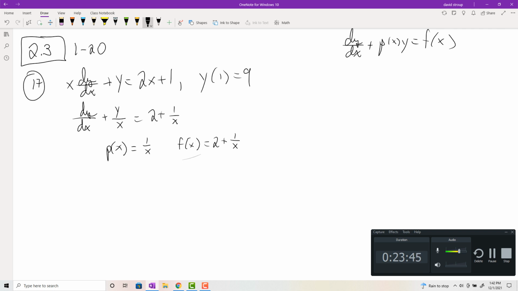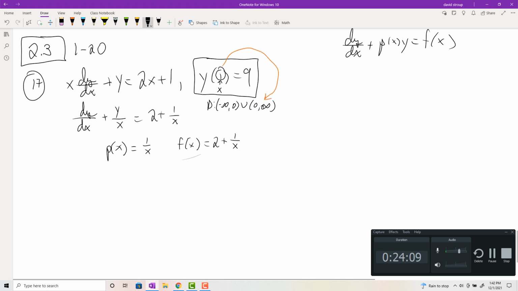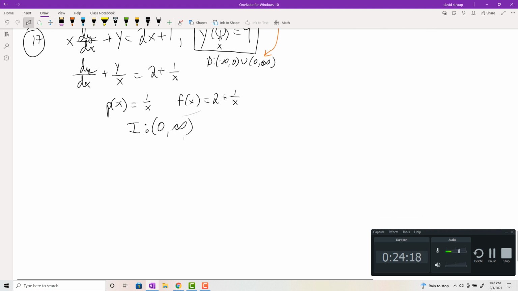In particular, it's from negative infinity to 0, union with 0 to infinity, but we want the initial condition, the x value, so I need to pick the interval that has 1 in it. Okay, in this case, the right interval. So our interval of definition is going to go from 0 to infinity, because both domains have that issue of division by 0.